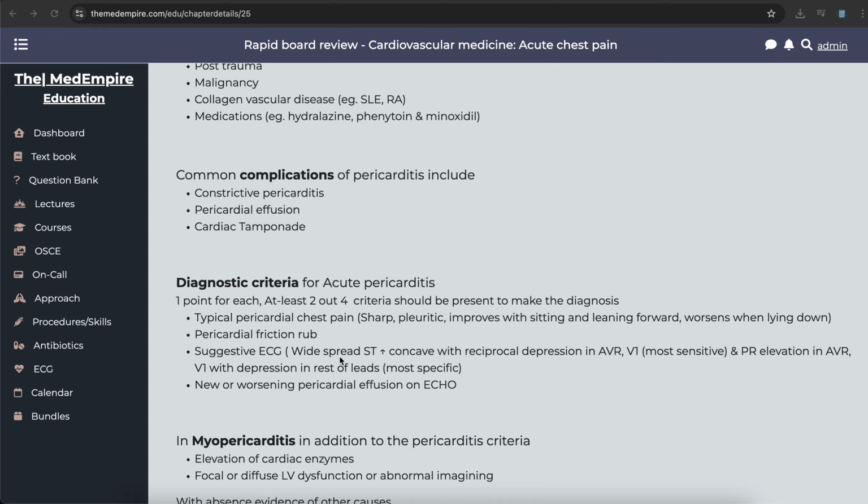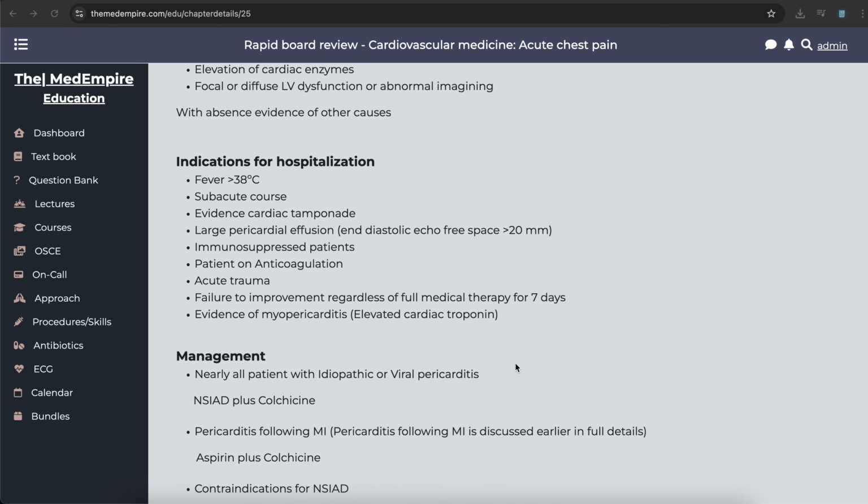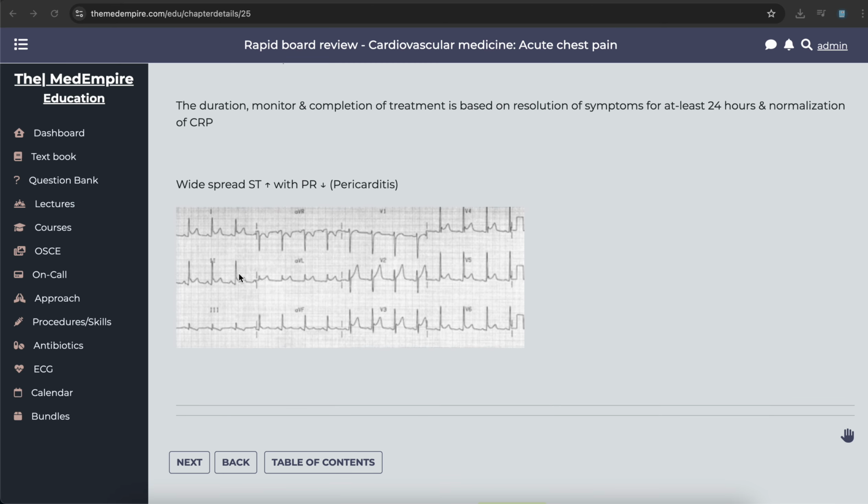Suggestive ECG, which is widespread ST elevation with reciprocal depression in AVR and V1. This is a very good ECG here. As you can see, there is widespread ST elevation in mostly all leads except AVR and V1. And the most specific is PR depression.